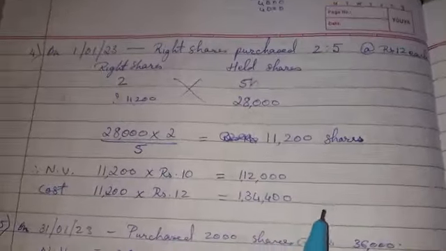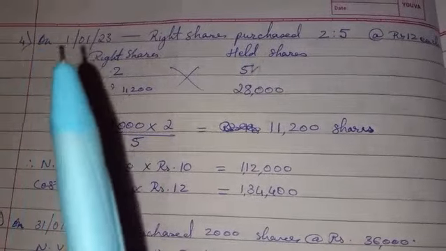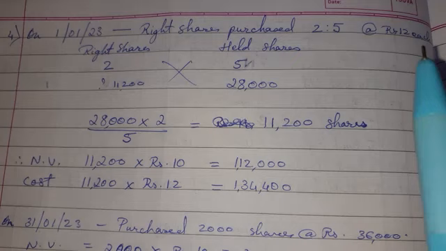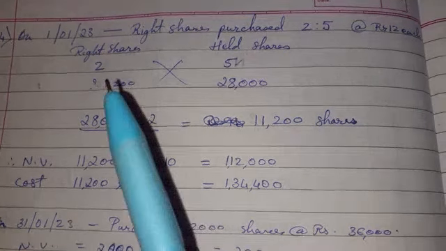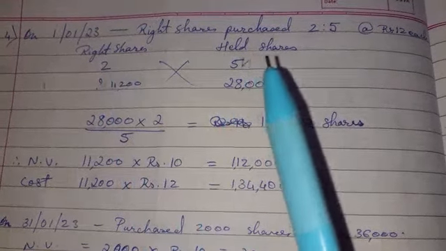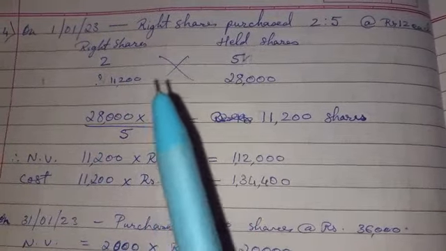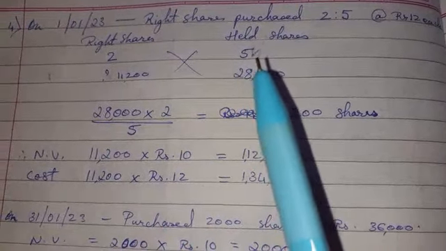So the working note will be made like this. We'll write the date, rights shares purchased, ratio, at rupees 12 each. So we will get 2 rights shares for every 5 shares held.